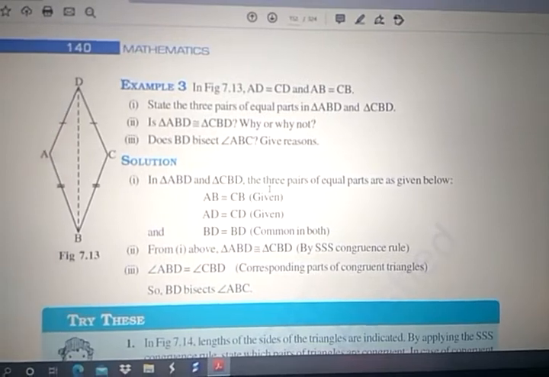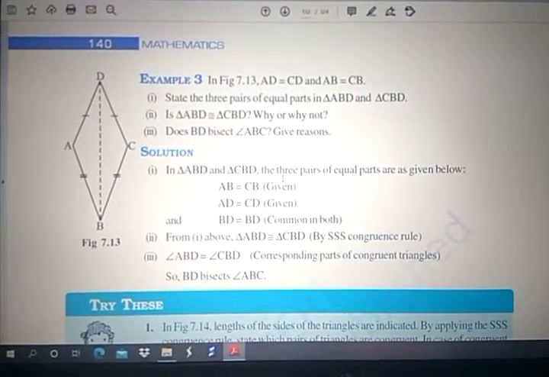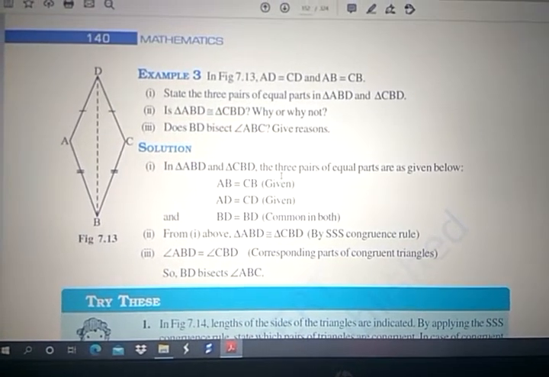Now students, page number 140 in your textbook, example number 3.